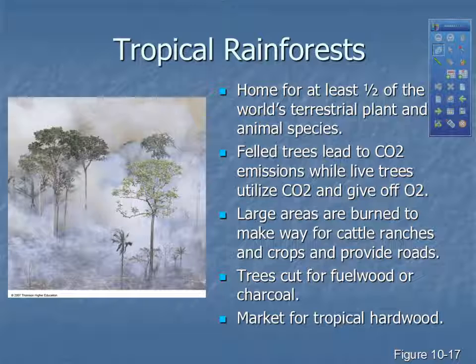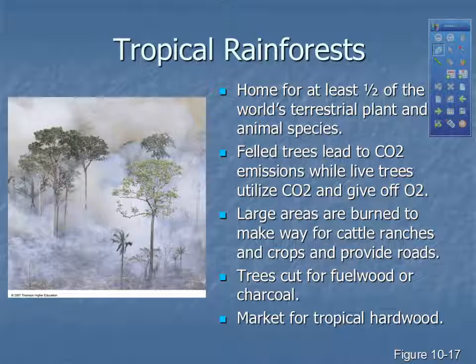Okay, so we already know about the rainforests. Very high biodiversity for plants and animals, so they're equally as important for plants. The trees being cut down increase the carbon dioxide emissions. We know photosynthesis gives off oxygen and uses carbon dioxide.